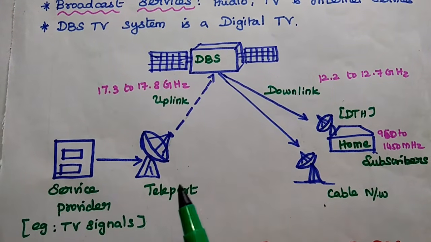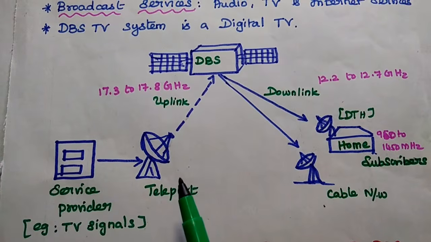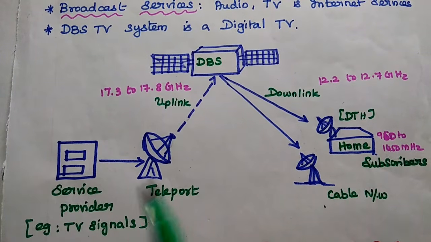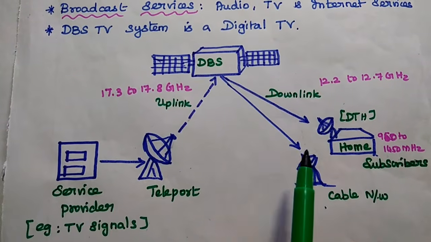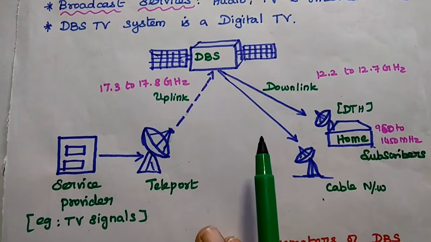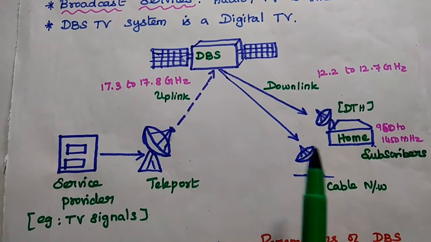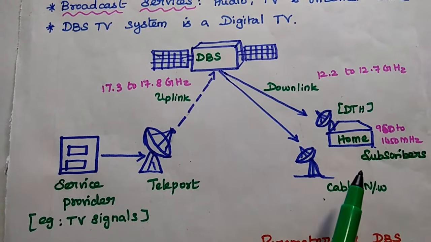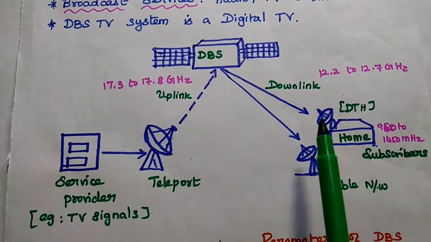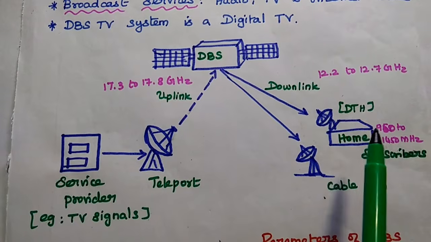Here the teleport is the ground station which connects the signal from the network provider to the satellite. The direct broadcast satellite is going to transmit the signal directly into the end user's home or to the cable network. This is called DTH service, direct to home service.